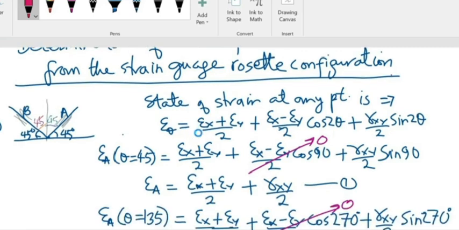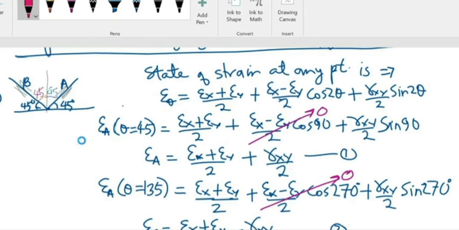So we know that the state of strain at any point is given by this equation, E theta, plus some of the component of the complex stresses, right? This particular equation. So let's derive the complex stresses for a 2-element shear rosette.